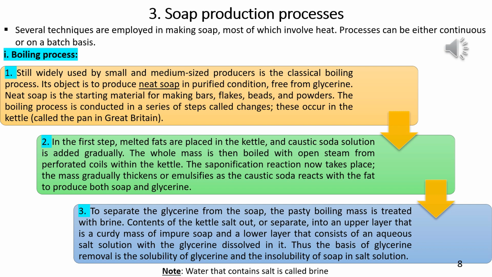When we treat this mass with salty solution, the contents will settle out in the kettle. The upper layer consists of impure soap and the lower layer consists of glycerin. So the glycerin is dissolved in the aqueous salt solution.